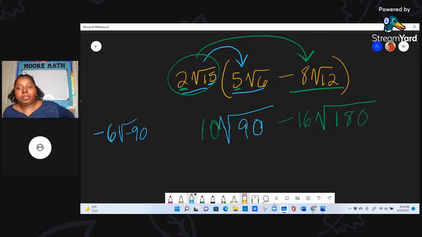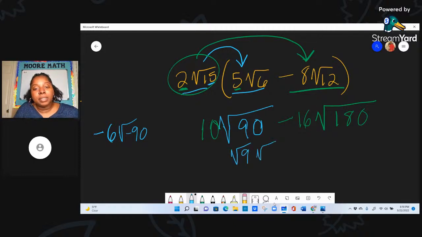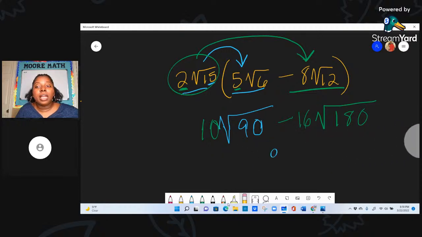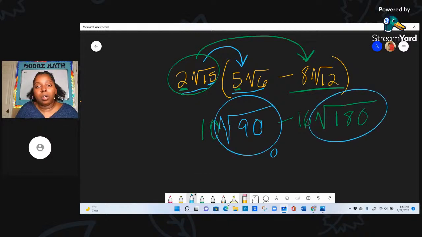You're good. If you want to factor out a 9, you can, but for the most part, you can leave it like this. You could break 90 down to 9 times 10, or break this down to 9 times 20 and keep going, but it's not necessary. You were doing great though. So if it doesn't have the same square root, when you get to subtracting or adding, you can't combine them. So you're done right there.